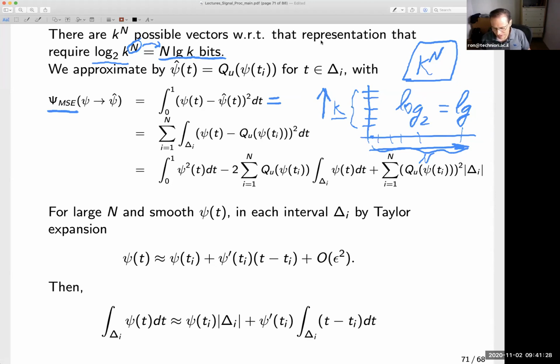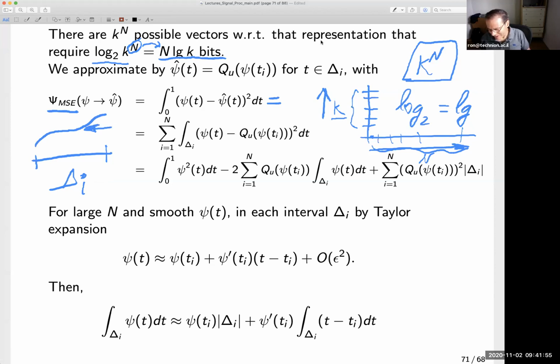So let me zoom in into what is going on for time interval delta i. In this interval, what I'm doing is taking the value of phi in this domain and replacing it with the quantization level that I've used before. So it would be some value probably in between.